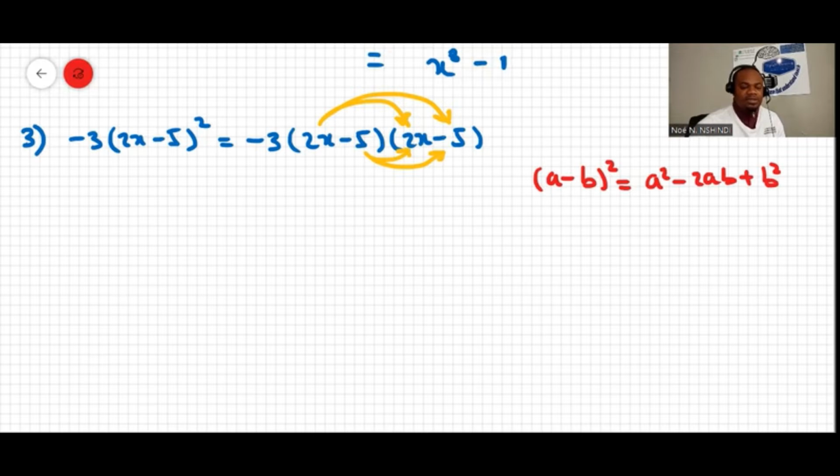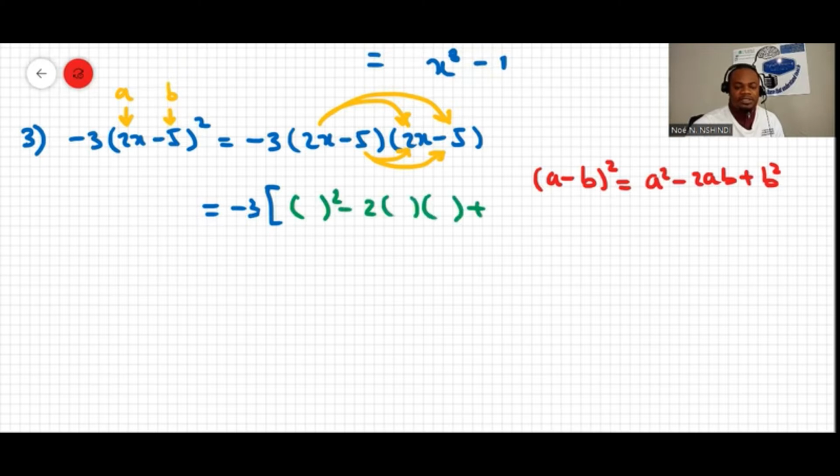I will just say this is equal to -3 open bracket a squared. My a is this, and that's my b. So it's going to be a squared. Let me use square bracket here. So I will have a squared minus 2 times a times b plus b squared, and then we close the square bracket.